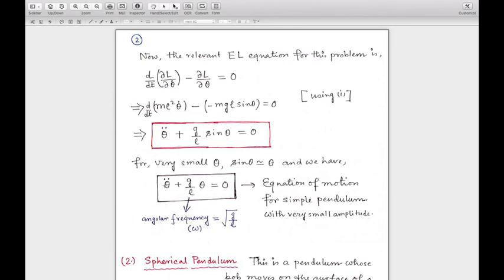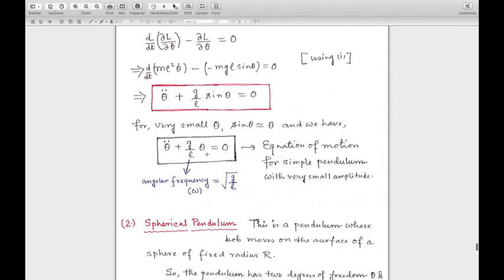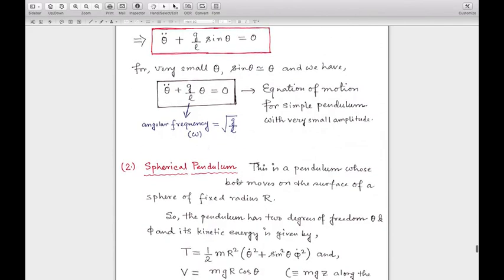Whereas if you do this assumption, then you have a very easy and simple form which you can solve analytically, and you know that the solutions will be sines and cosines as a function of t. Right? So theta will be, let's say, a sin omega t plus b cos omega t, where this omega will be root over g by L, which is the angular frequency of the pendulum. Okay, that you all know.